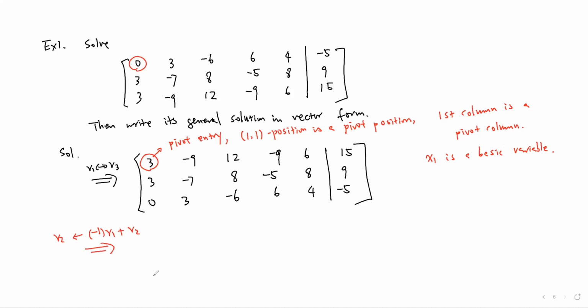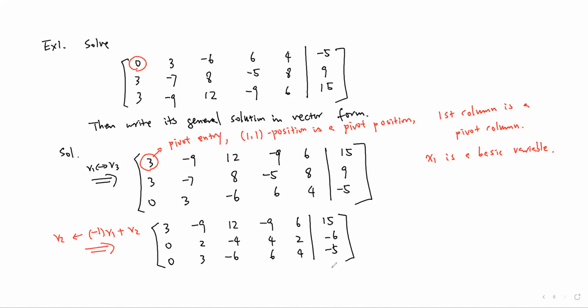Then again, this matrix is 12, 9, 6, 15, 0, 2, 4, 4, 2, -6. Separate the coefficient matrix and the right side.